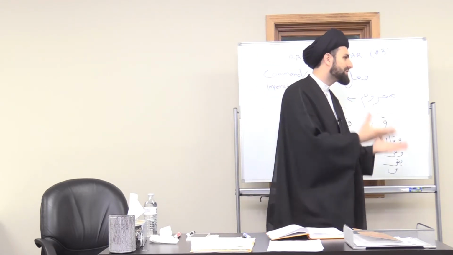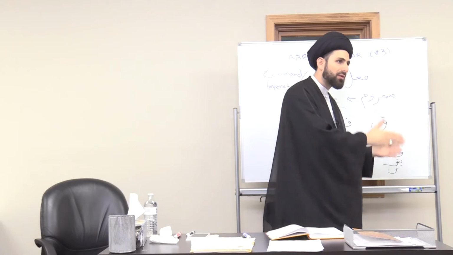The word qi is in the Quran, but it's in the form of not singular. It's in the form of jam'. Does anyone remember the verse? Ya ayyuhalladhina amanu qu anfusakum. It's in the Quran. O people who believe, protect yourselves and your families.